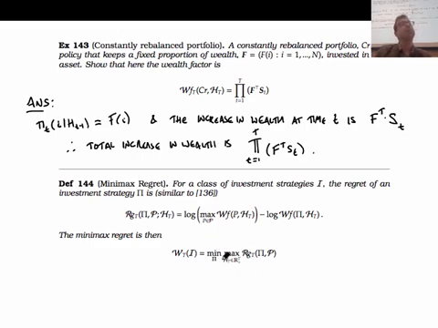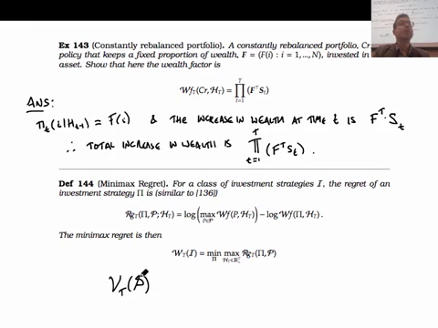Okay, so we're going to work on comparing this W_T of I compared to what we had previously, which was V_T of P. So I want to compare the minimax regret for investment with the minimax regret for prediction.